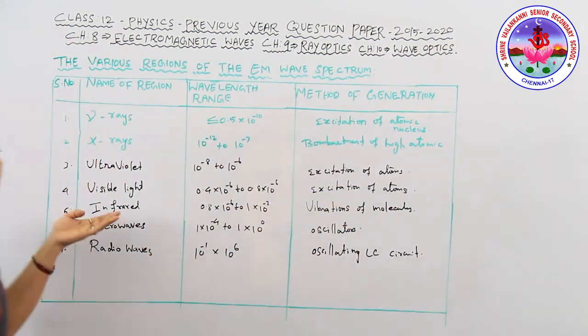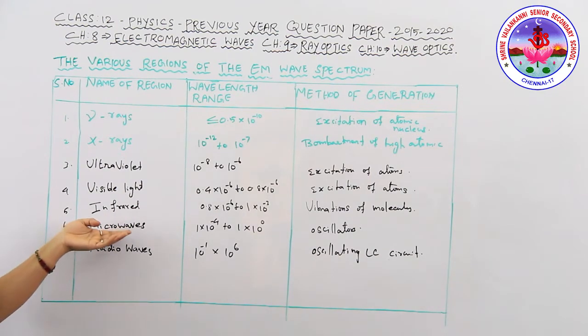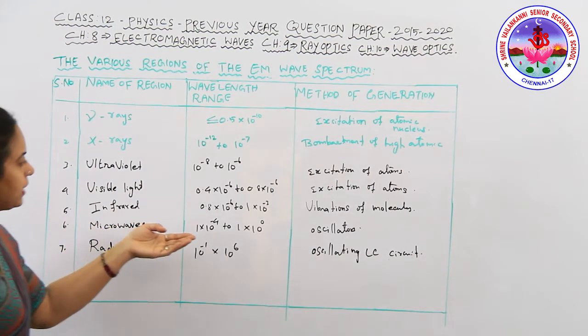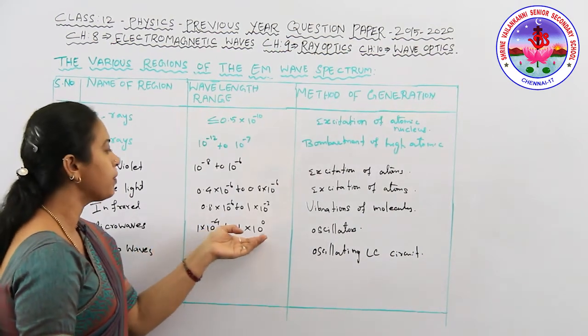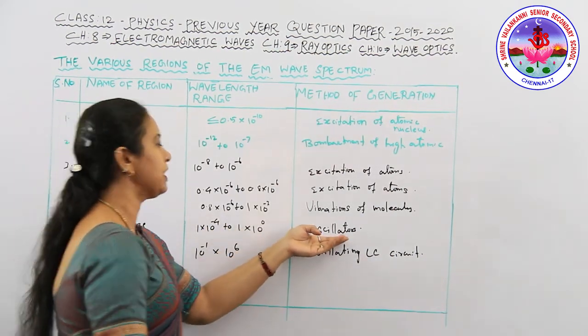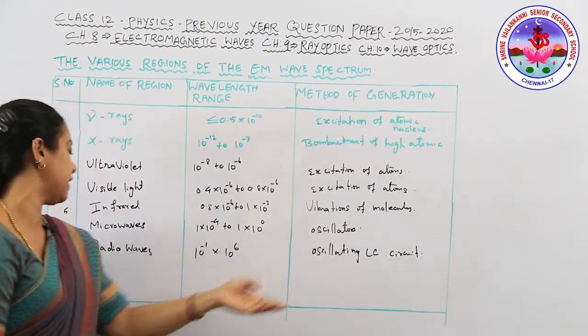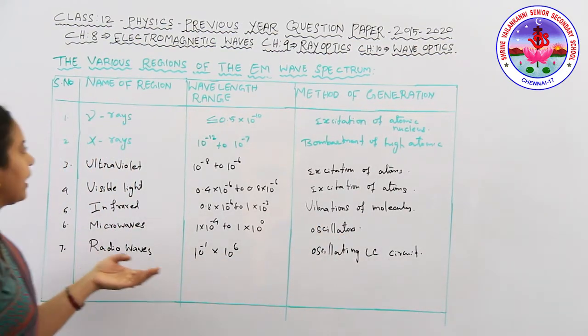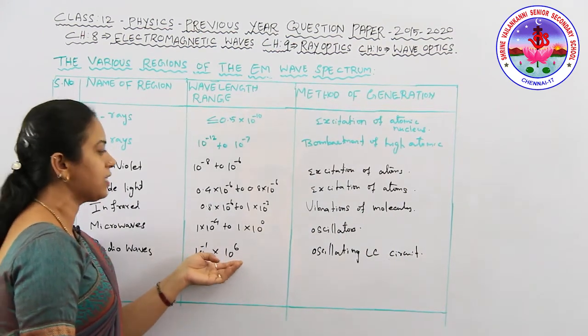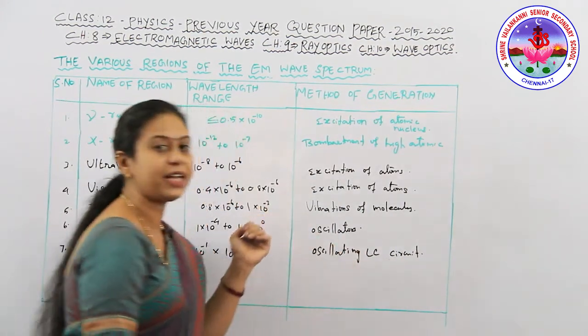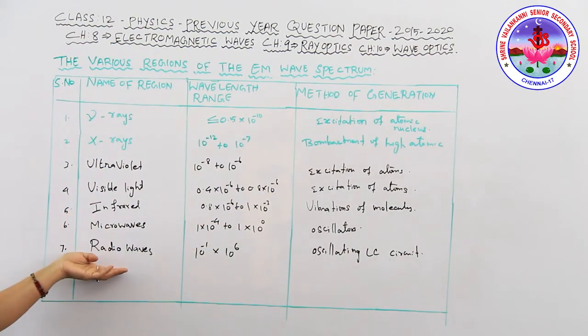Microwaves have a wavelength range of 10 power minus 4 to 10, generated by oscillators. And radio waves have a wavelength range of 10 power minus 1 to 10 power 6, generated by oscillating LC circuits.